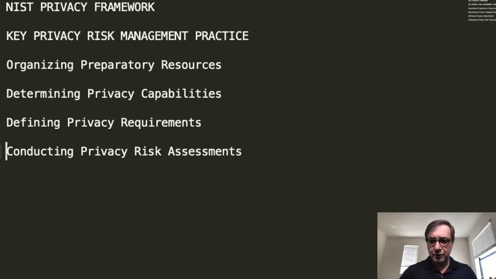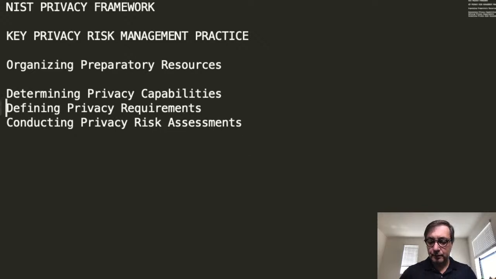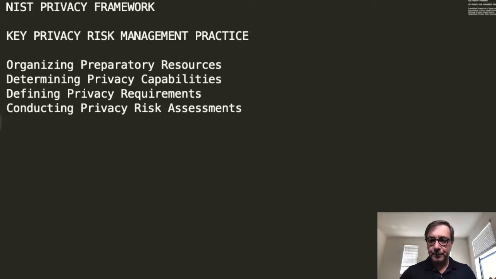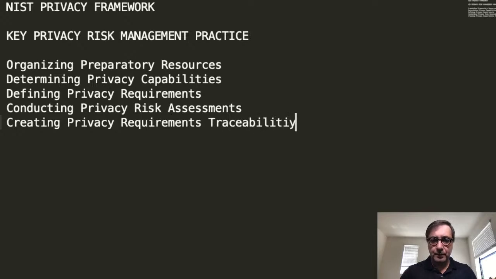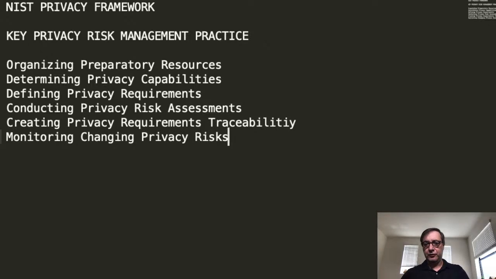I'll put it together, make more sense. Okay, then creating privacy requirements traceability, and monitoring changing privacy risks. Okay, so keep all those key management practices, and we'll go over them.